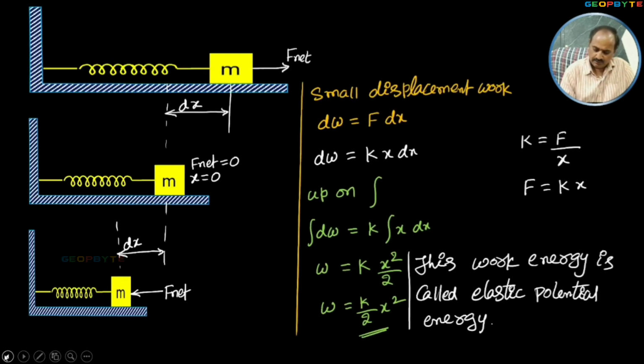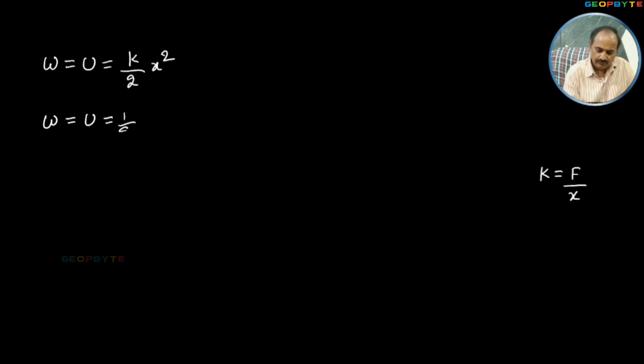Therefore, this elastic potential energy, W equal to U, equals k x squared by 2. But as you know, k equals force required per unit deflection, so the elastic potential energy equals half into k, F by x, into x squared, which equals Fx by 2. This is another formula.